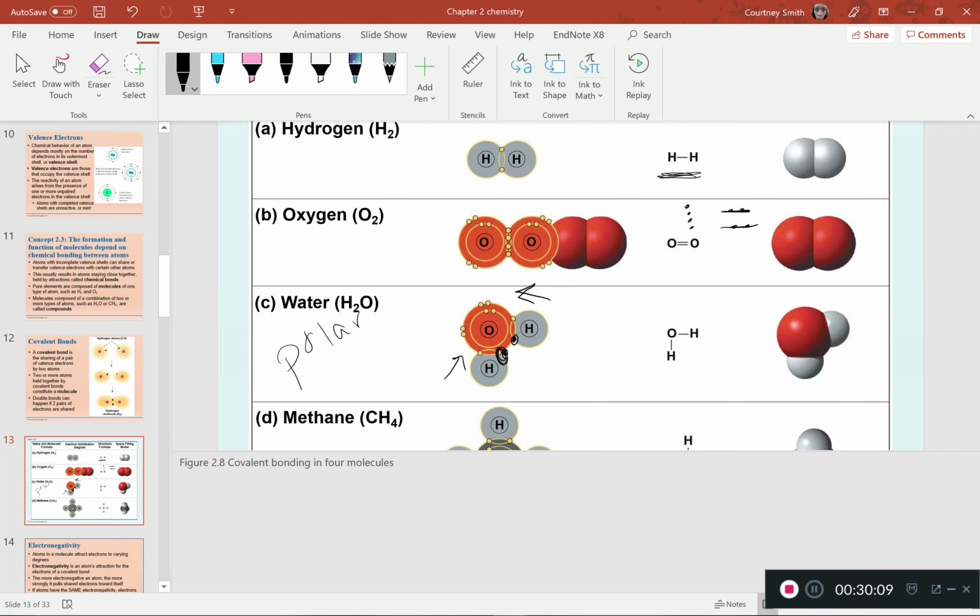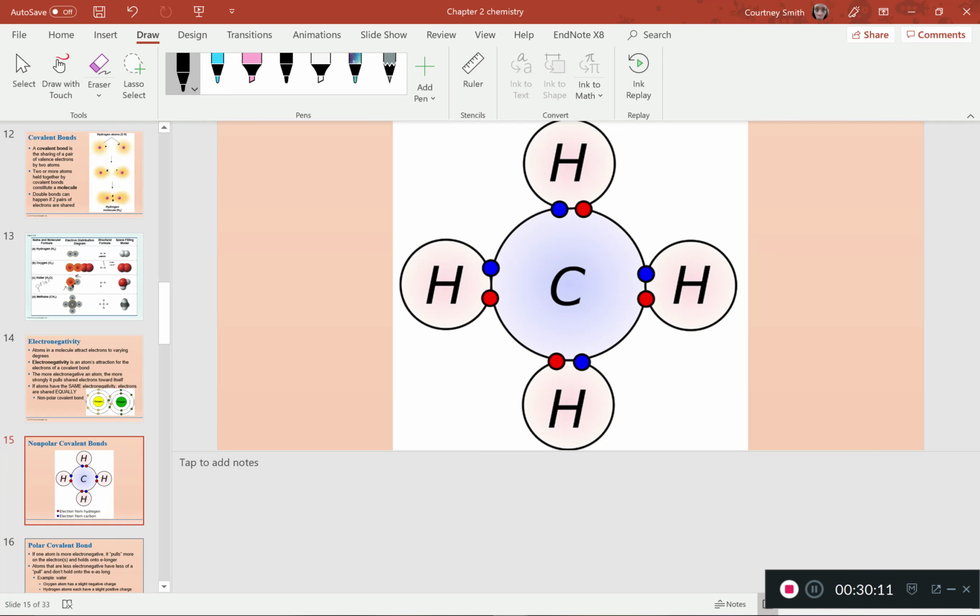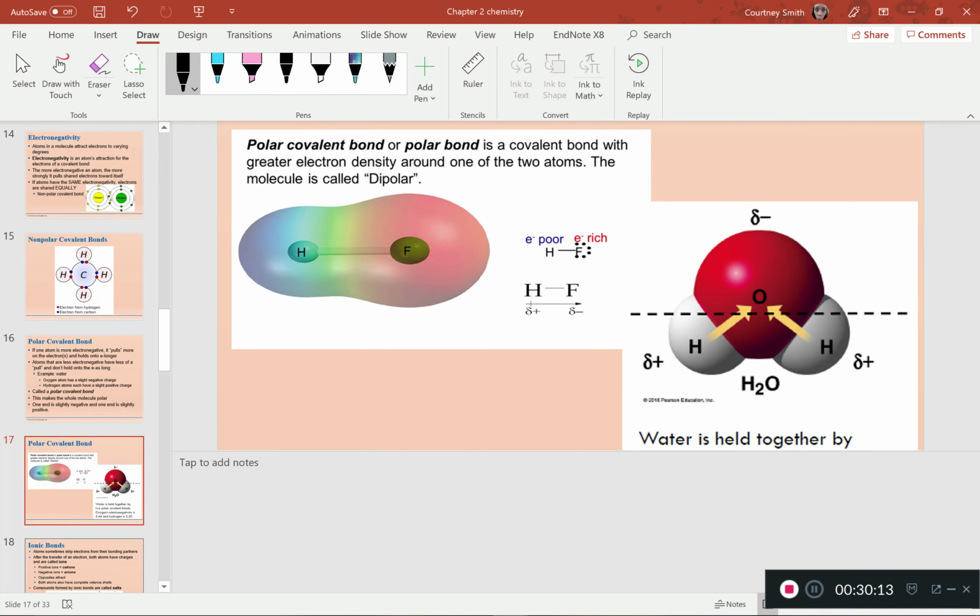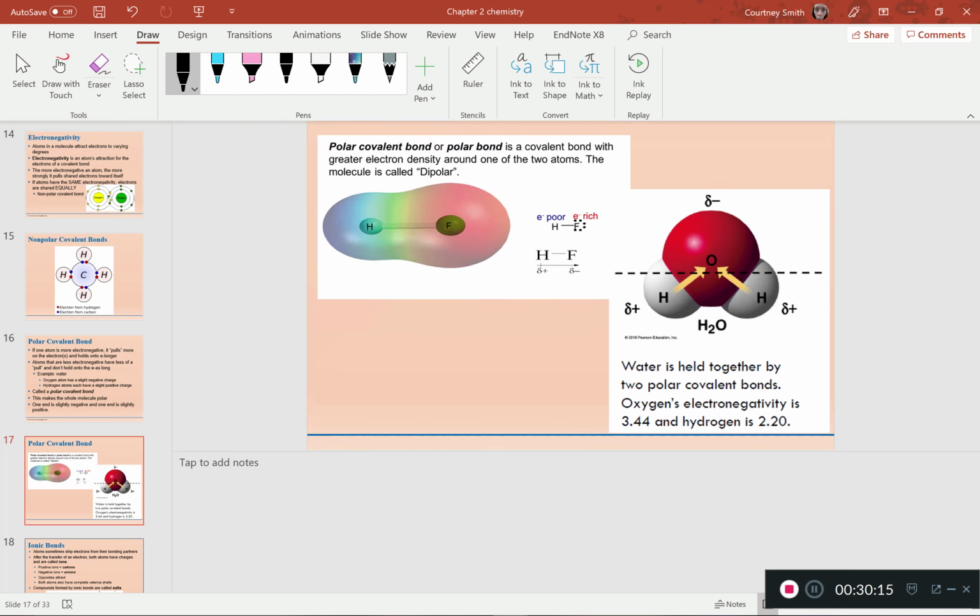Okay, now let me find another example of a polar one. As you see right here, like I said before with water, hydrogen is generally positive and oxygen is generally negative. Oxygen has a higher electronegativity, meaning that it attracts electrons.